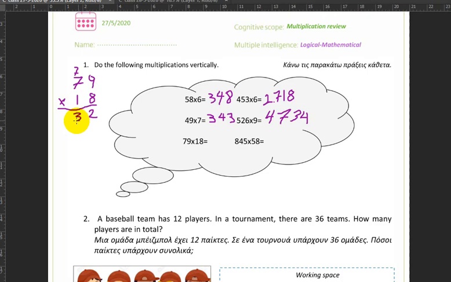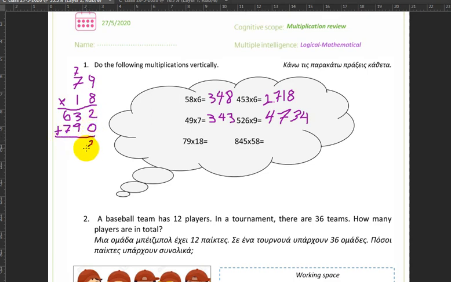I write the whole 63. Put a 0 beneath the ones, and then 1 times 9 makes 9, and 1 times 7 makes 7. And then I add.